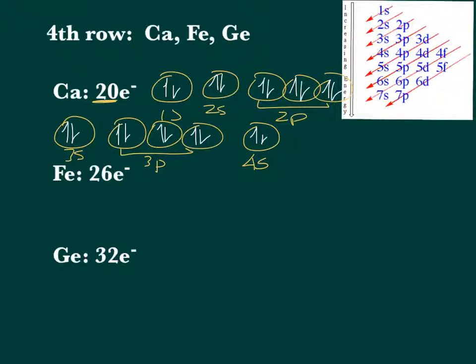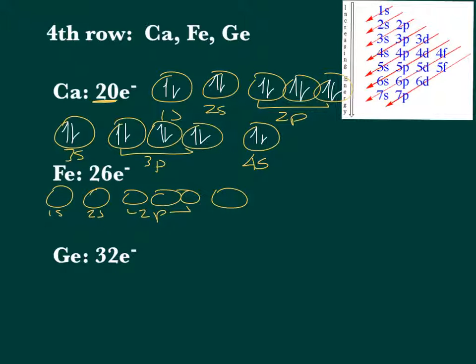That means I need at least 13 circles. To save myself some time, I'm going to start drawing most of this, because I know this part has to be exactly the same, since calcium had 20 electrons. I have to at least get to this, and then we'll figure out what goes on after. So let me start drawing my circles. There's my 1s, my 2s, my 2p's like that.